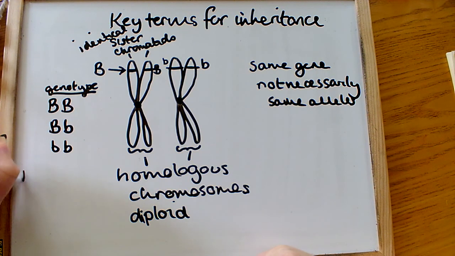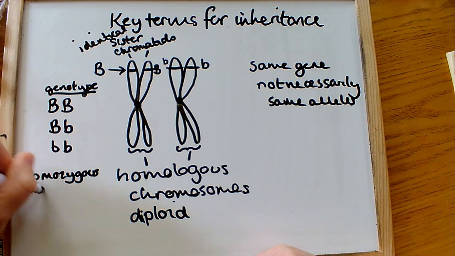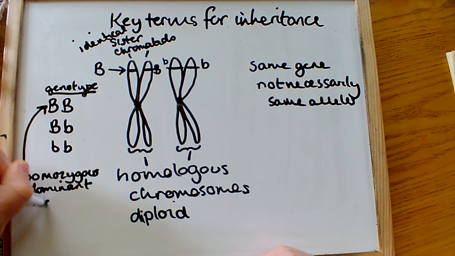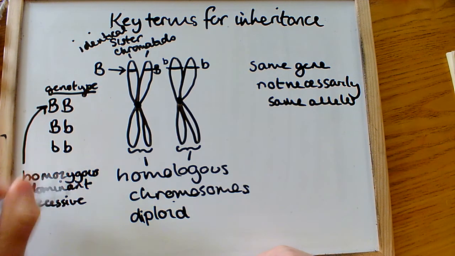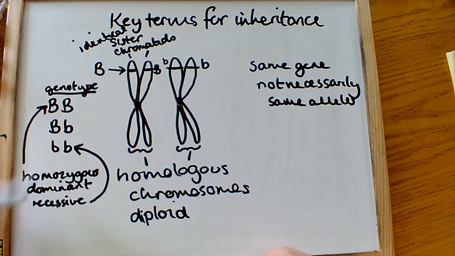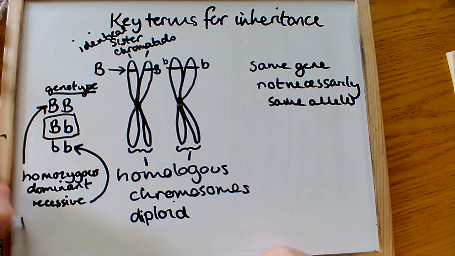So you can have homozygous dominant, which is that one. And hopefully you'd also be able to see that we can have homozygous recessive, so here would be our homozygous recessive because they're both the same, and recessive because they're both lowercase. So we've got homozygous dominant, homozygous recessive, and in the middle, this one here, they're not the same, so this would be our heterozygous.